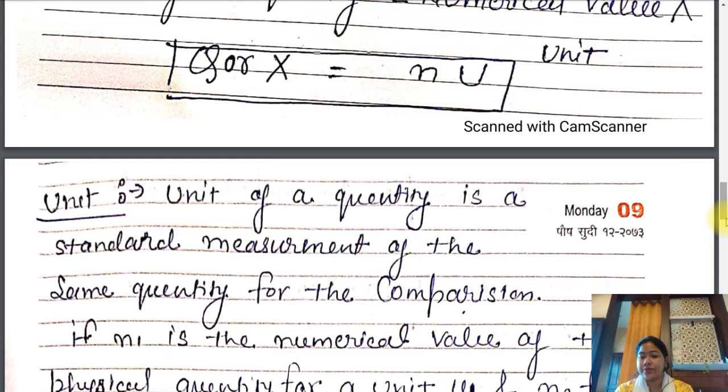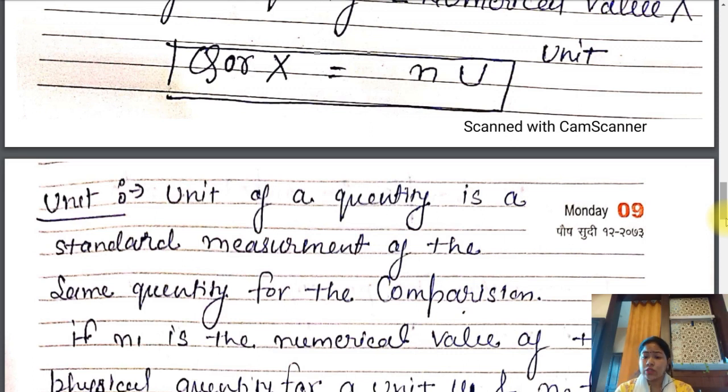So we can express that the unit of a quantity is a standard measurement of the same quantity for comparison. Just for example, if we have 20 kg of mass and if we have 200 grams, both grams and kg are units of mass. But by gram and kg, we can compare the amount of that particular quantity.